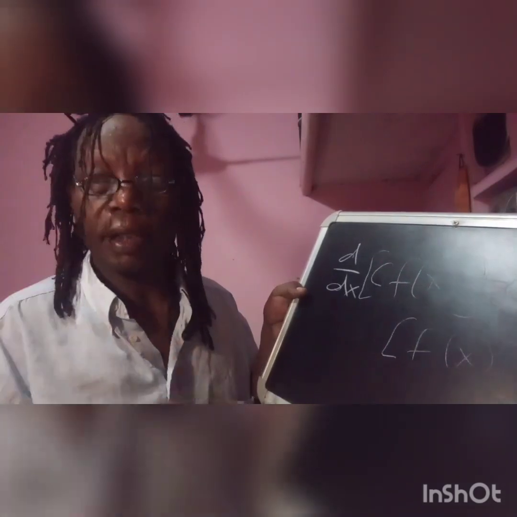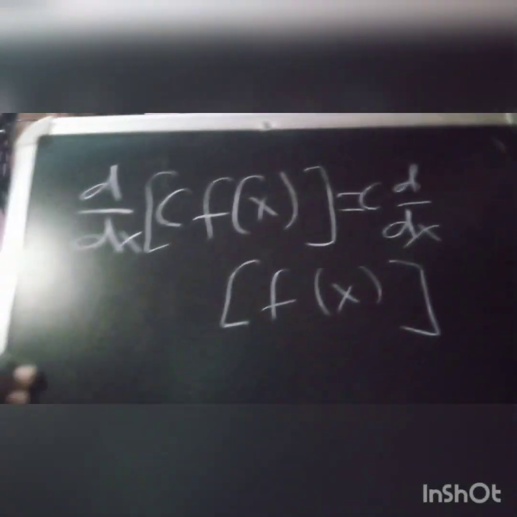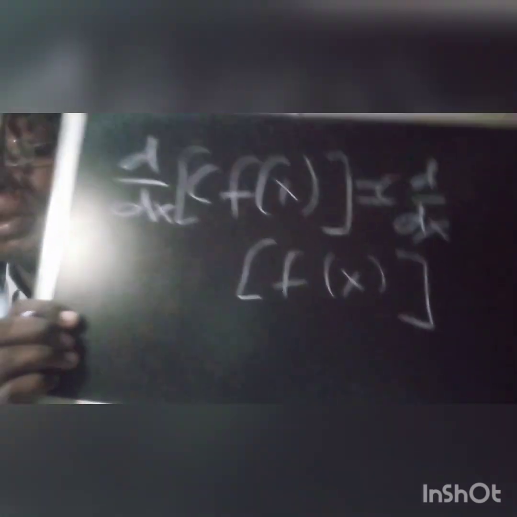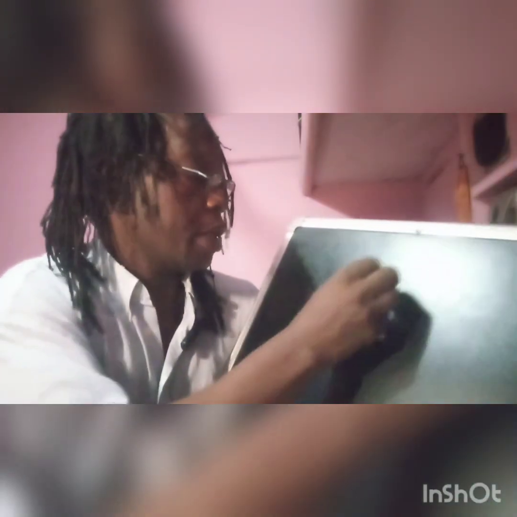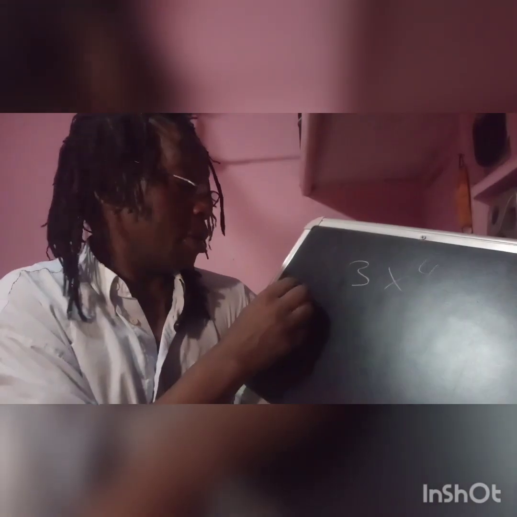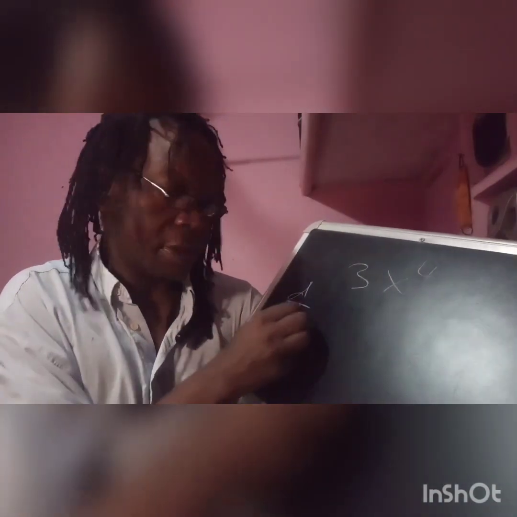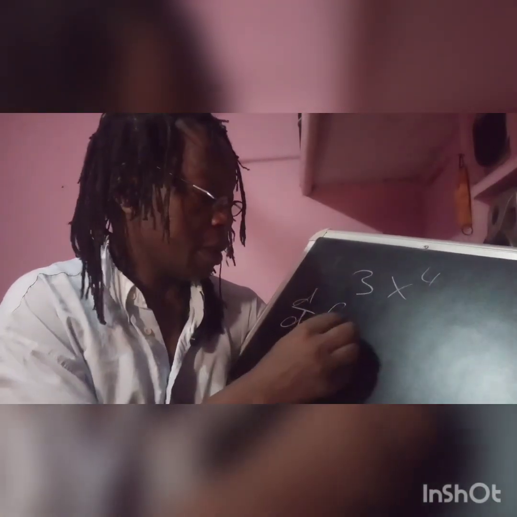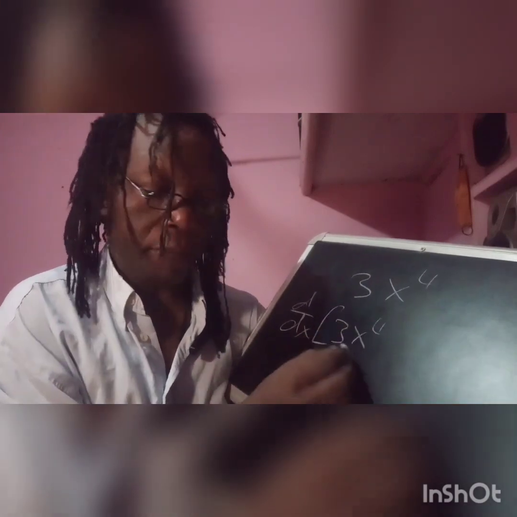So let's give an example of this formula. You follow the formula. The board is small, so I have to keep cleaning it. Okay, let's take the example: the derivative of 3x to the power 4. According to the formula which I have shown you, I'm going to have d over dx of 3x to the power 4.